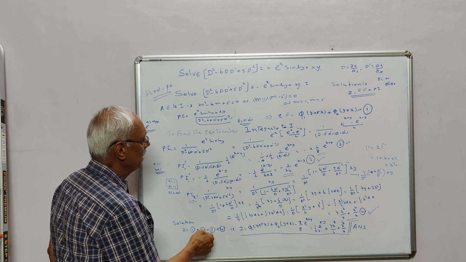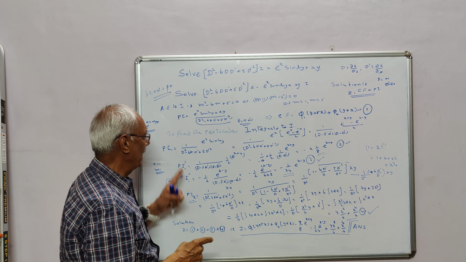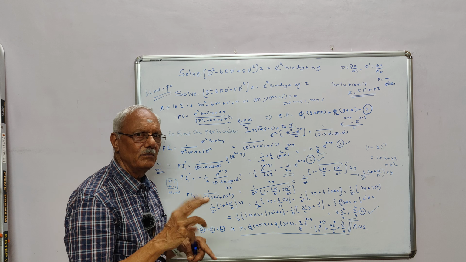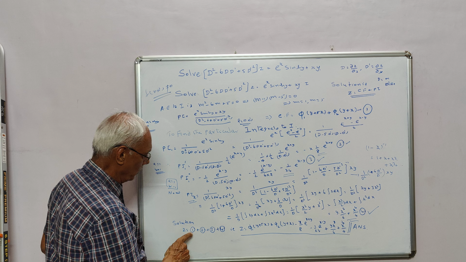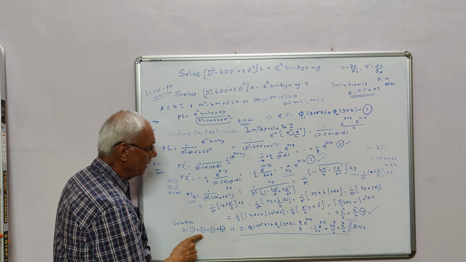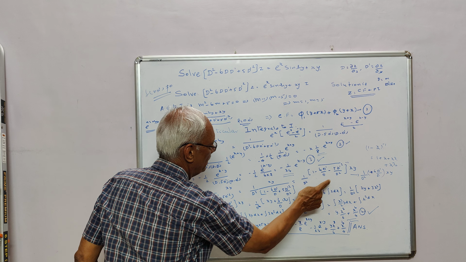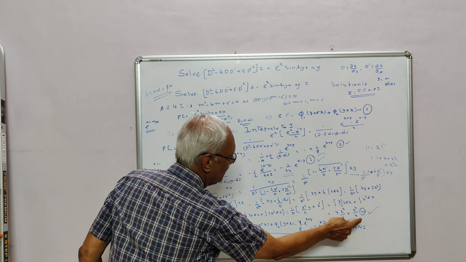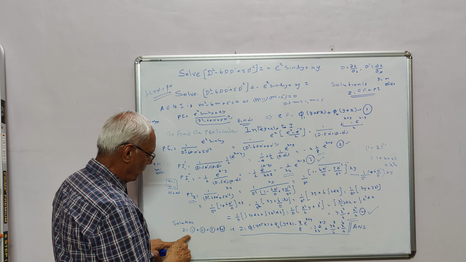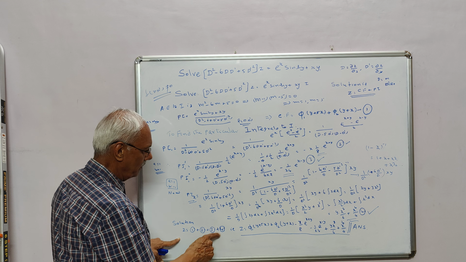Particular integral means I have got two here. Pi 1 means I have got pi 1 dash, pi 2 dash. That is why I am writing it as what? 1. See, 1 plus this is also a particular integral. This is also a particular integral here. And this is another particular integral. Therefore, 1 plus 2 plus 3 plus 4.